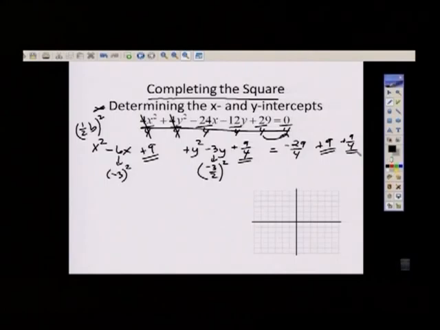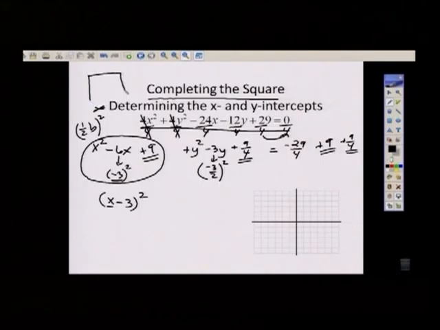Now I'm going to take this part and factor it. When you factor that, it'll always be your x variable and your half number, squared. You can multiply that out just to make sure.